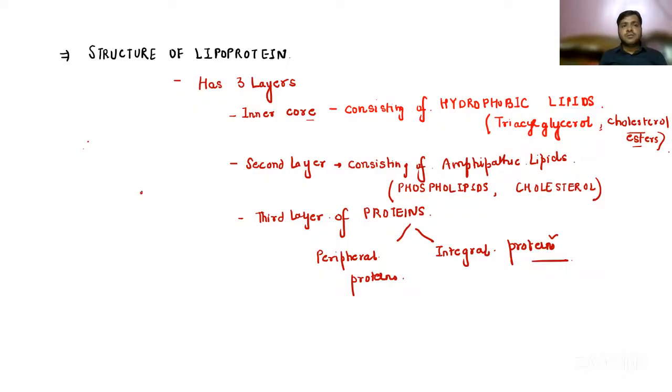From the inner to the second layer and to the third layer, guys, you just have to mention inner, second, and third layer. So that is regarding the structure of a lipoprotein. Again, it makes sense, guys.